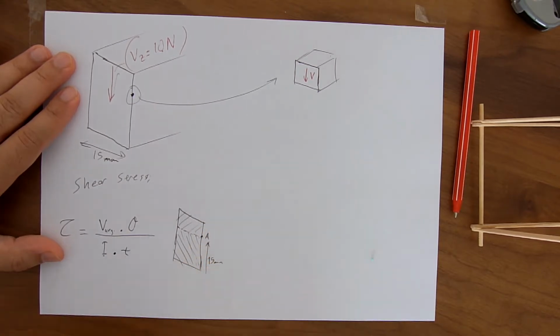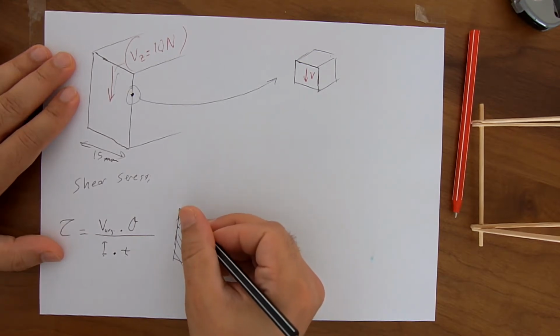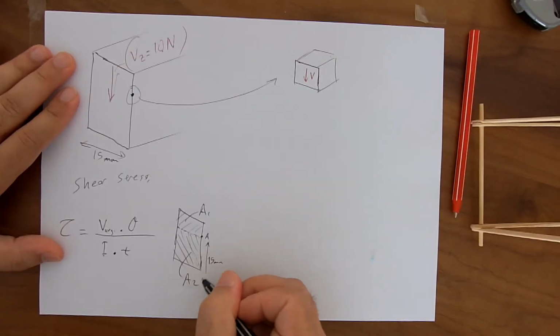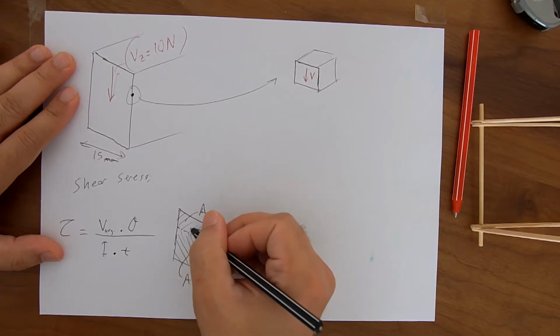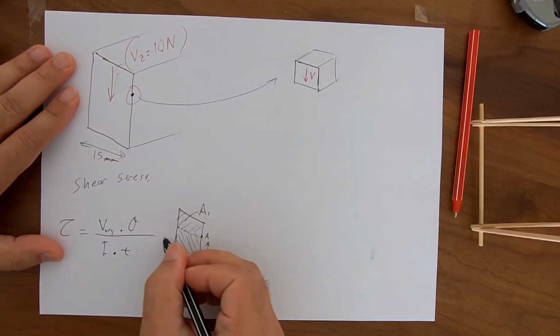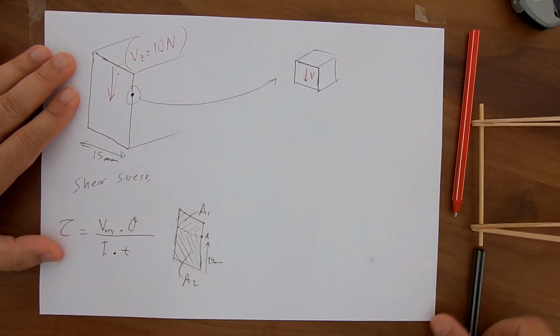So what is the logic of the first moment of area? It is multiplying the area, say this A1, A2. If I pick A1, I multiply A1 by the distance between the neutral axis of the whole section.